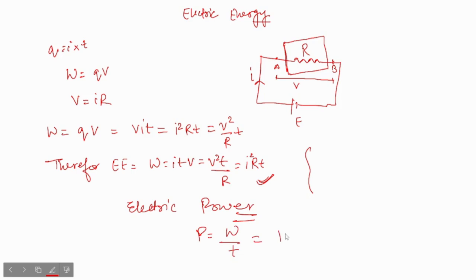P is equal to V into I, is equal to V square on R, is equal to I square R. You just need to divide all these equations. ये आपका क्या हो जाएगा? इलेक्ट्रिक पावर. ओके.